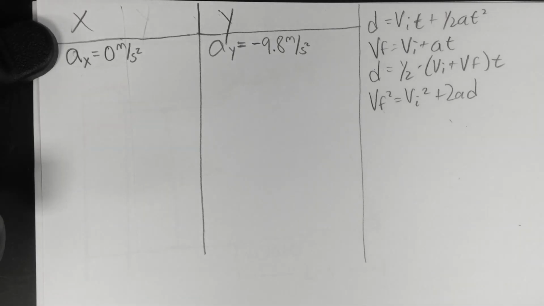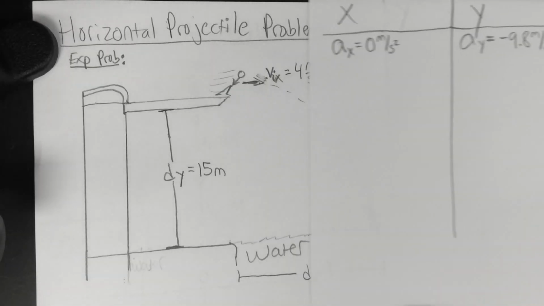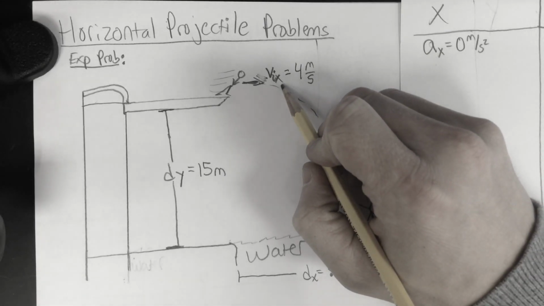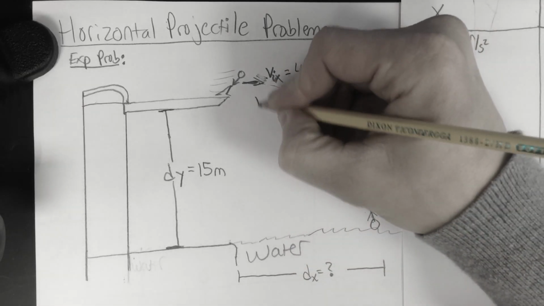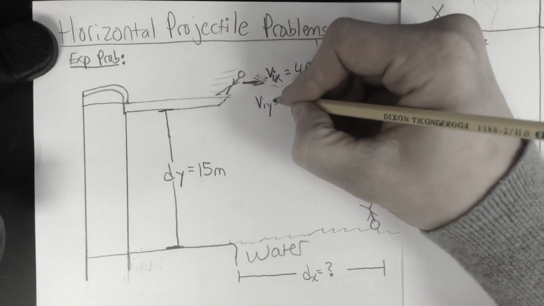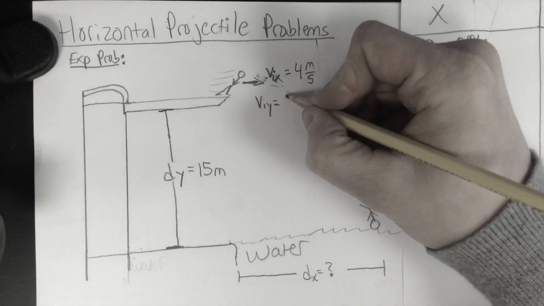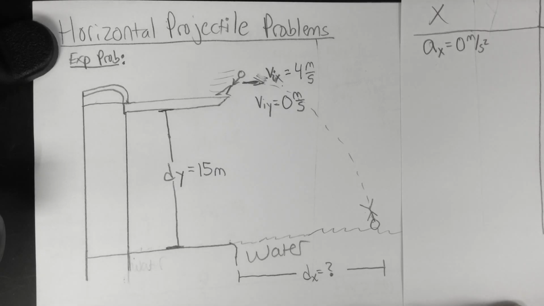But there's a third given for an object that is launched horizontally that we always know. Notice that our diver leaves with an initial x velocity when they first enter the air, because they run off straight out, or horizontally. But what is their initial y velocity equal to? Well, if they run straight out horizontally, initially they don't have a vertical speed. Just like a dropped object, their initial y velocity is also 0 meters per second.